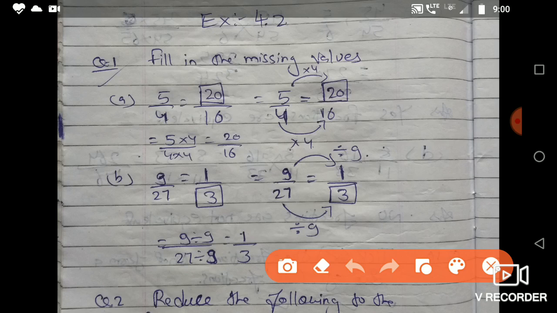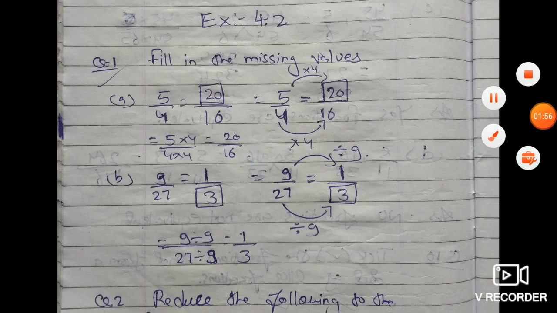If we multiply the denominator by 4, we multiply the numerator by 4 too, so it is 20. I solve the question clearly: 5 into 4 and 4 into 4, that is 20 upon 16. Like this we find the missing value in a very easy way.